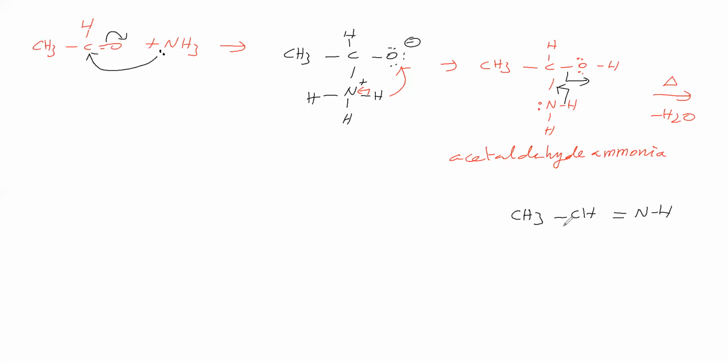From acetaldehyde, we will take the part acetald, and we include this group, which is called imine. Acetaldimine we are getting. So acetaldehyde with ammonia gives acetaldimine.